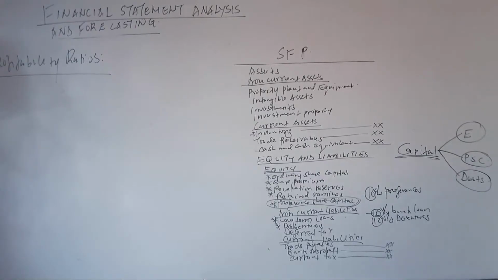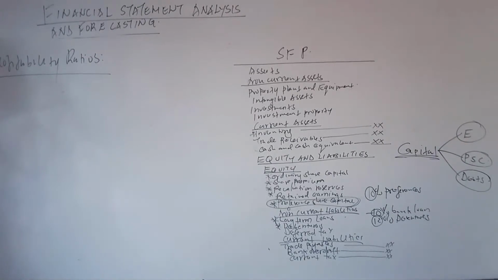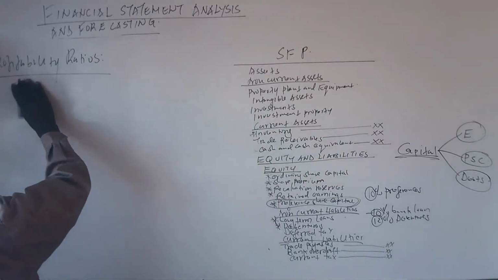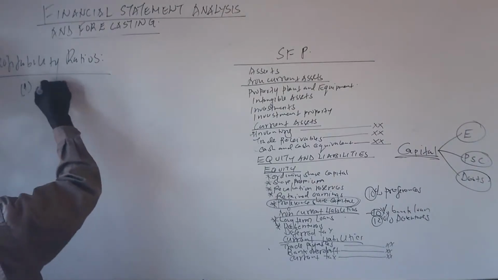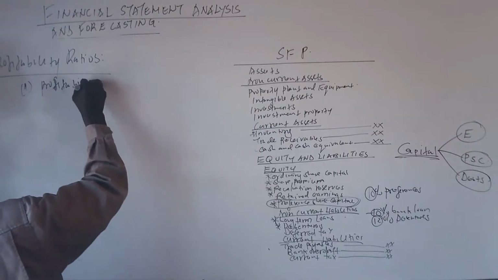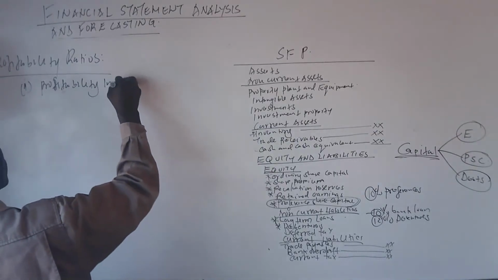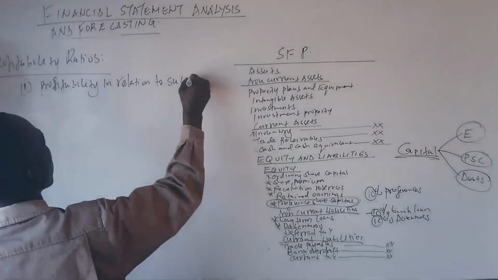They are classified into two. We have, Roman 1, profitability in relation to sales.